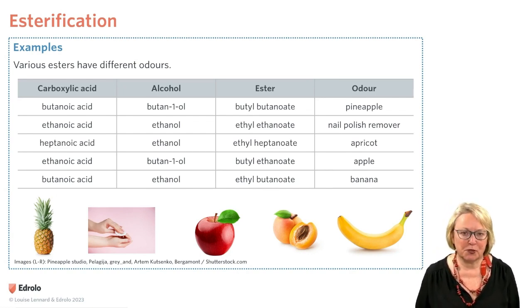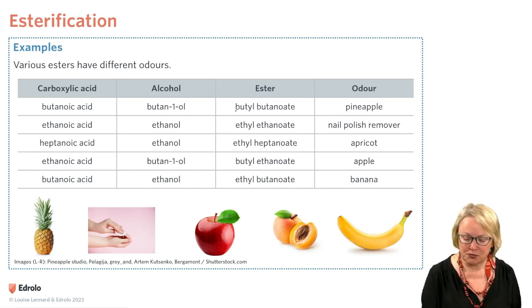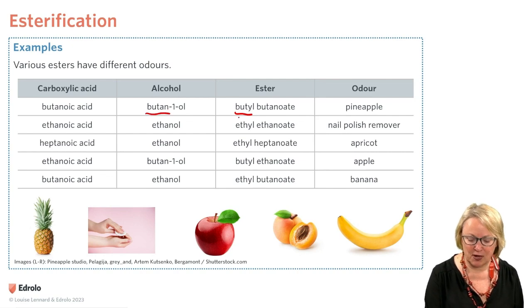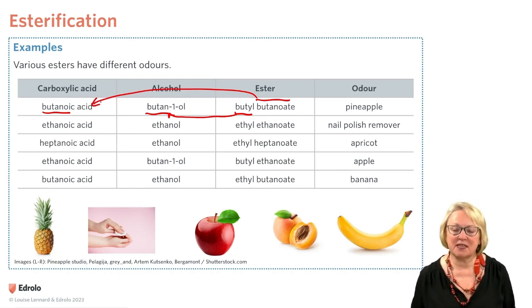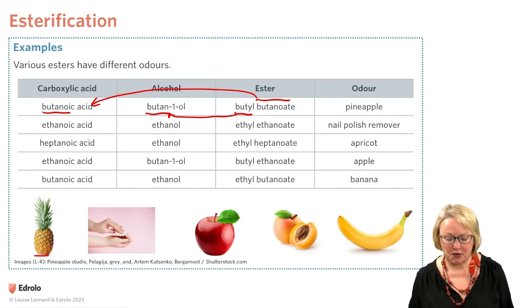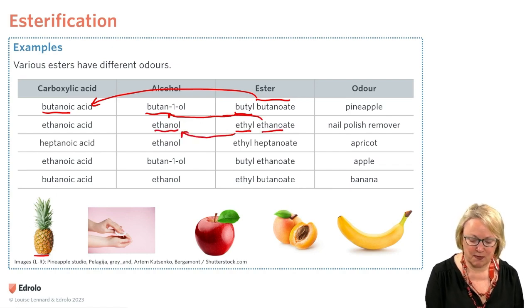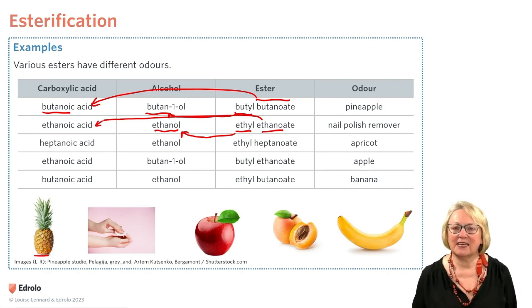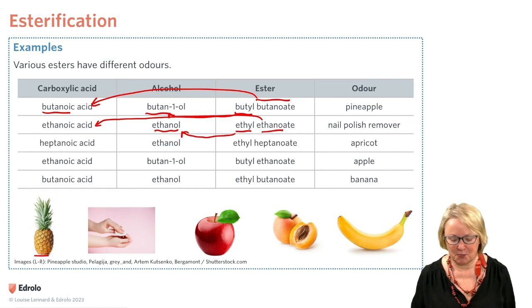So, for example, butanoic acid, when it reacts with butan-1-ol, forms butyl, which comes from the butan-1-ol, butanoate, which comes from the carboxylic acid, and it's got the distinctive odour of pineapple. Ethanoic acid with ethanol produces ethyl from the ethanol, ethanoate from the carboxylic acid, and it smells quite different. It smells like nail polish remover, so not very pleasant.